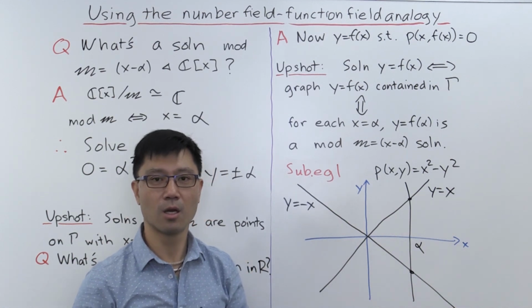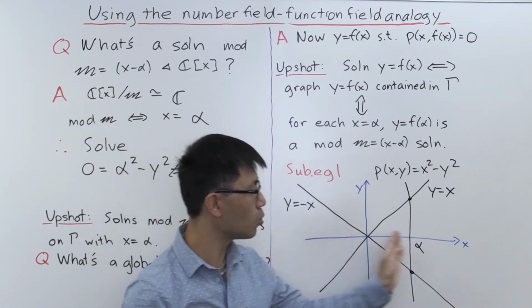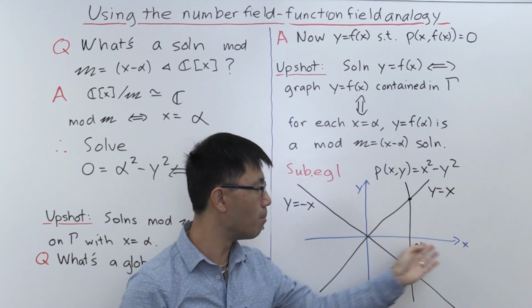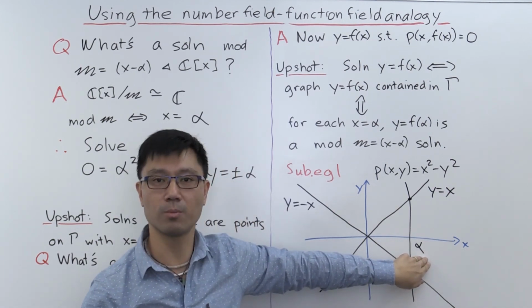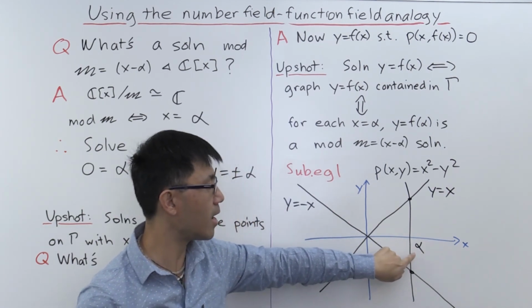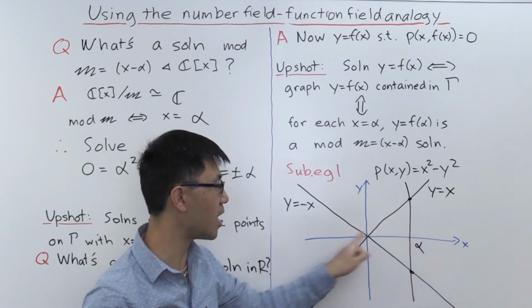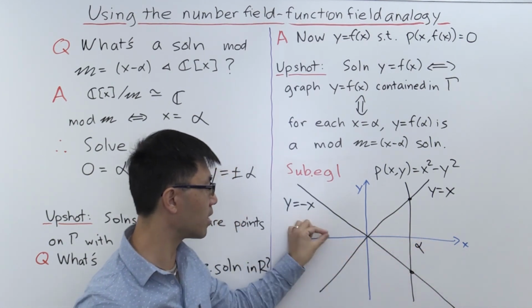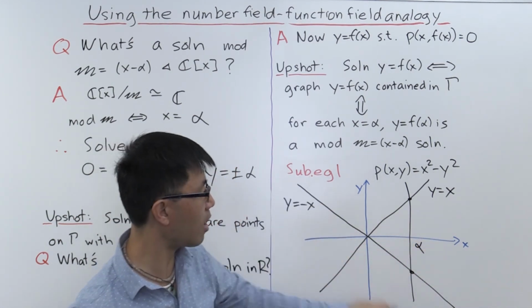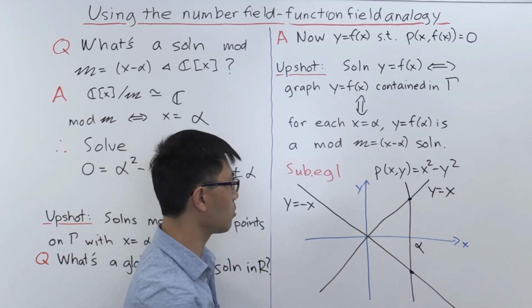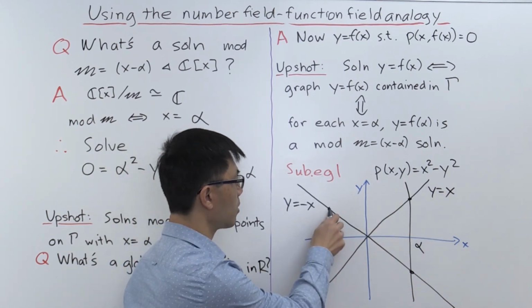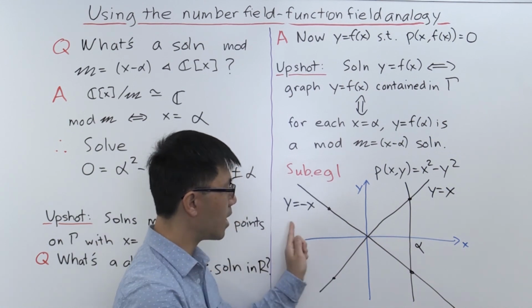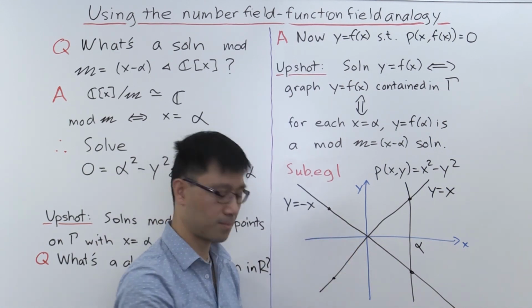So what you basically want to do is piece together mod m solutions for every possible m, and changing m means you just change this alpha. So for each alpha here, you pick a point on big graph gamma. If you're over here, you can pick this one or this one. And then as you slide it across, you pick a different one.